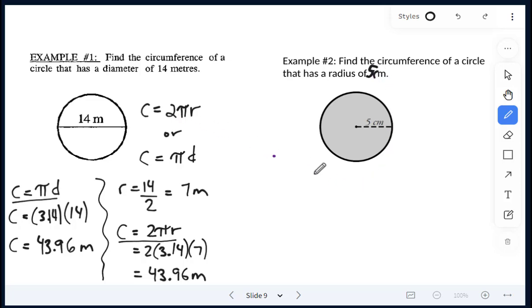Okay, so let's use our formula. C equals 2 pi r because we have the radius. So 2 times 3.14 times 5. So again, just pop that into the calculator. 2 times 3.14 times 5. And we get 31.4 centimeters.